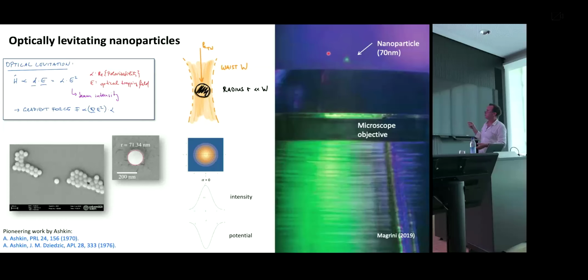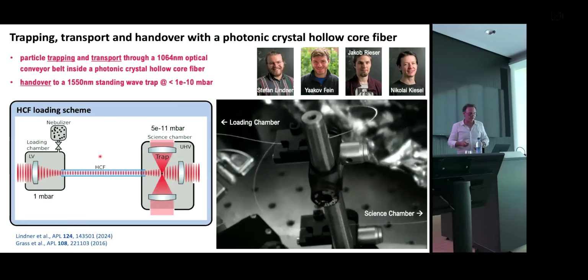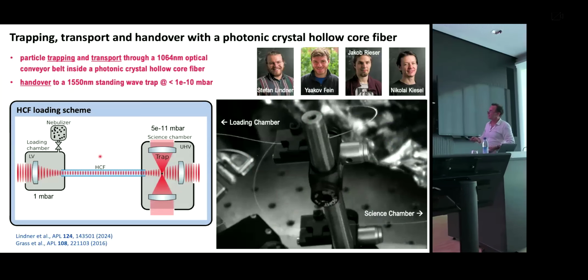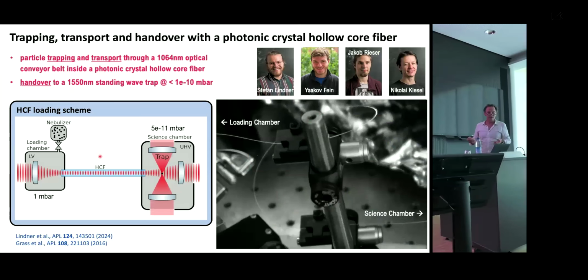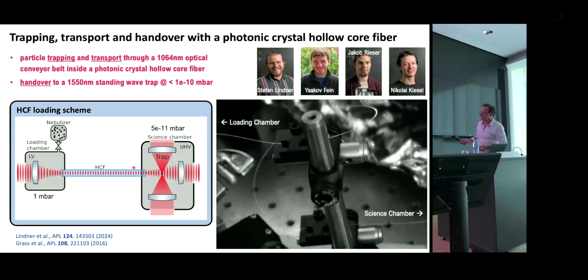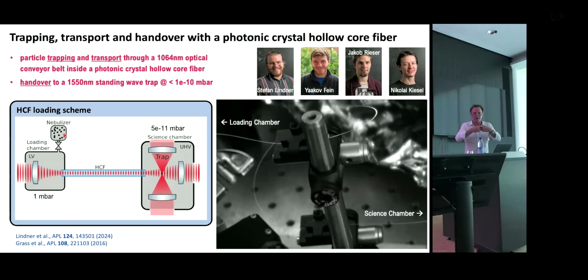The particles that we typically trap are 150 nanometer glass particles, and then we bring them into vacuum. So here's one example. How do you bring them into vacuum? Basically, you see there's a nebulizer, just an asthma spray, where you spray particles from a liquid solution into a vacuum chamber.